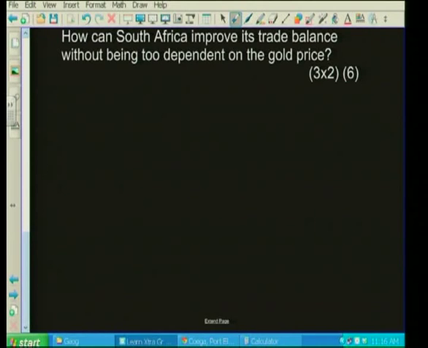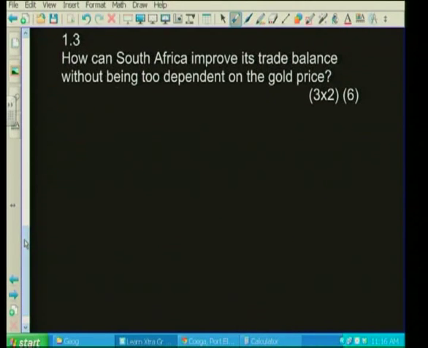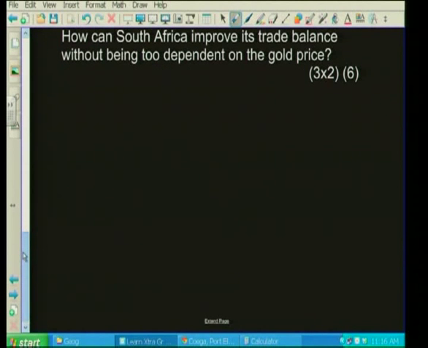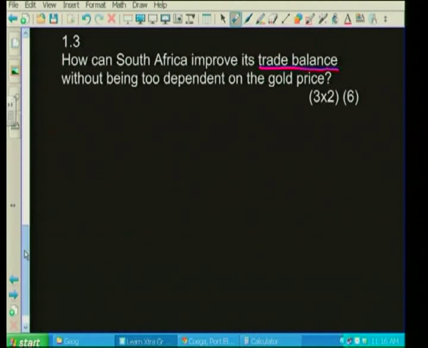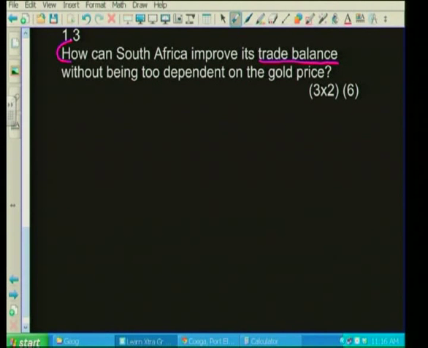Right, question 1.3 says, how can South Africa improve its trade balance without being too dependent on the gold price? So again, the concept here is trade balance that they're testing, but now they're asking you how. How can we improve our trade balance without depending too much on the gold price?